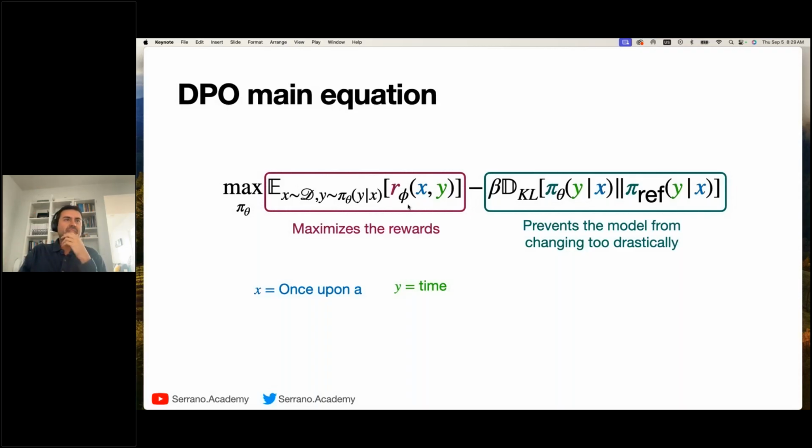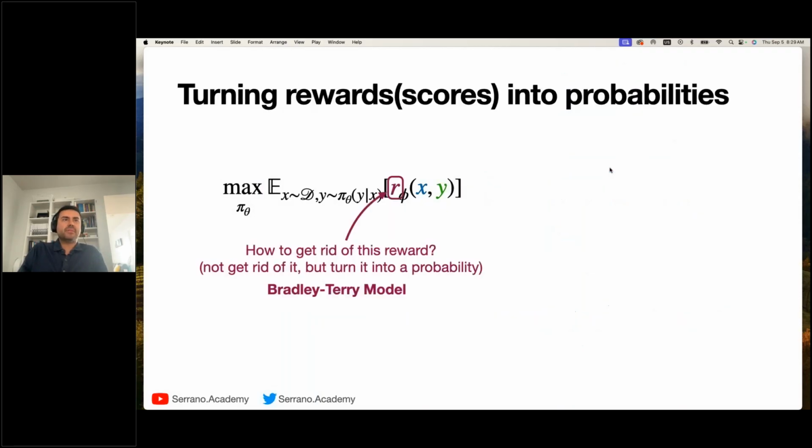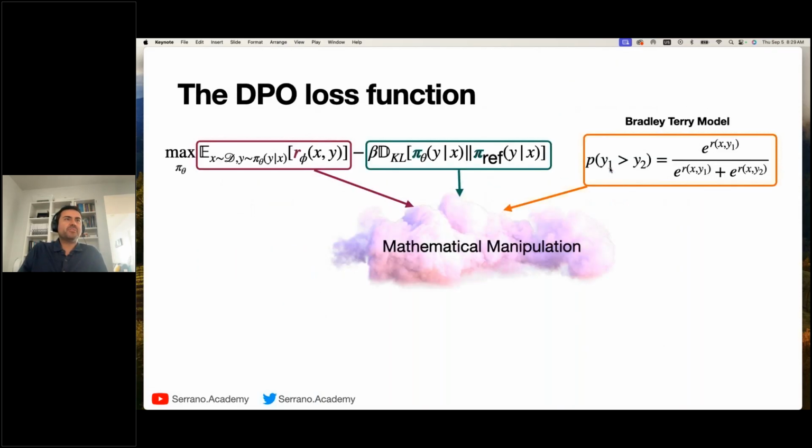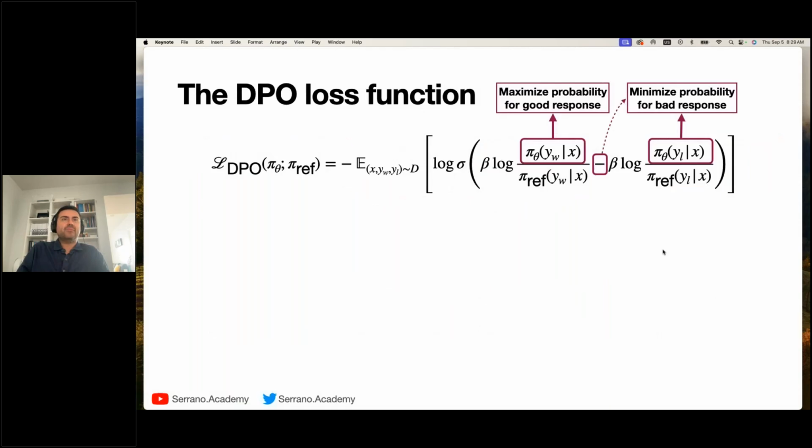If I'm maximizing the rewards and minimizing the difference between the models, then I get, sorry, I'm just going to scroll up a bit here. I was too optimistic. I had a lot more material than I wanted, but the idea is that you get this formula over here using mathematical manipulation. So the moral is you can train a neural network with a complicated loss function that bypasses the reinforcement learning. And I think with that, I will stop.